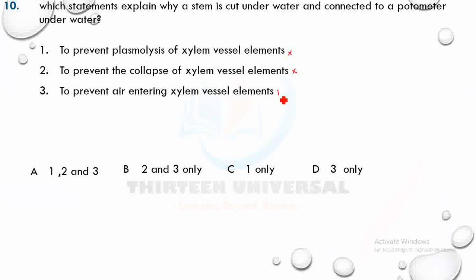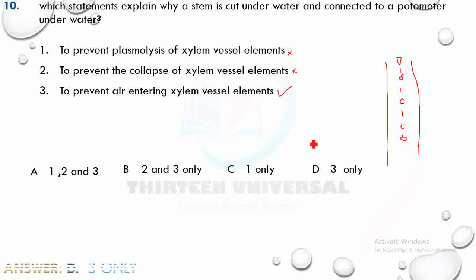Yes, because the air that enters the xylem will break the water column. So there is what is called a continuous water column. Water molecules stick to each other and form a column. So when air enters, we break the continuous column of water, and that affects the movement of the water column upward. So 3 alone is the answer.